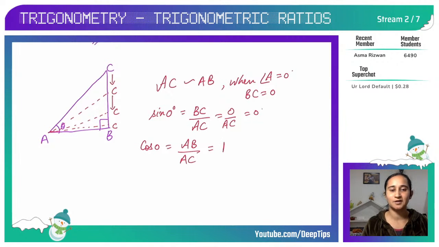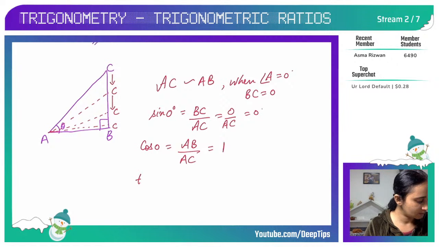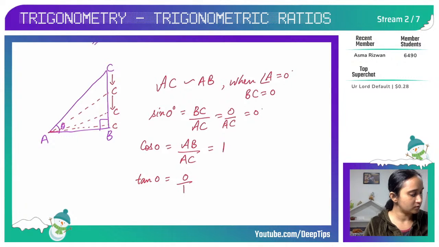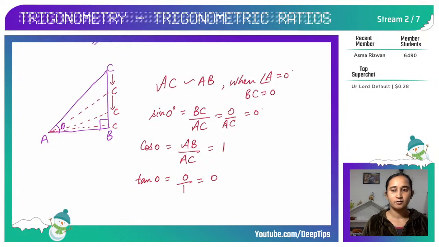That's why cos 0 is 1. And tan 0 will be equal to sine 0 upon cos 0. 0 upon 1 gives you 0. So these are the values of sine 0, cos 0, tan 0 when angle A becomes smaller and smaller, and length BC decreases to 0, and the hypotenuse and the base AB coincide.